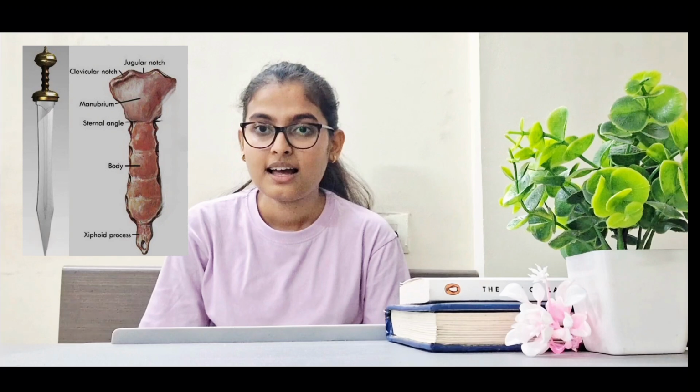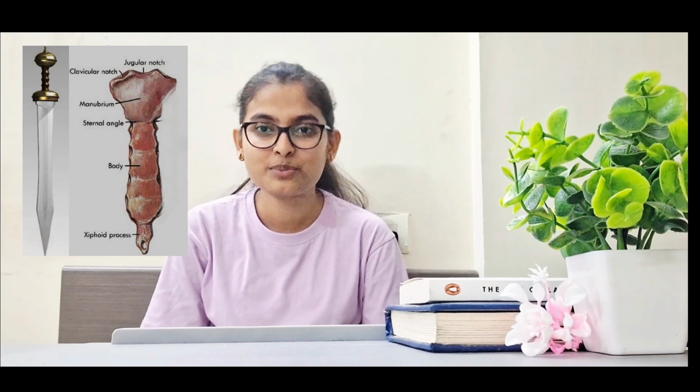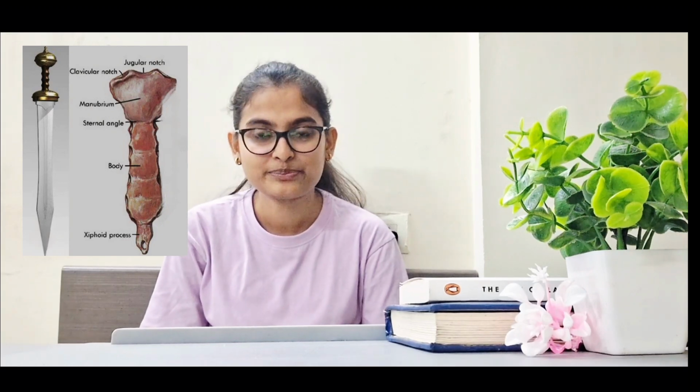Another example is the xiphoid process, which is derived from the Greek language which means sword, and it denotes the xiphoid process of the sternum. Number two is history and mythological based terms.